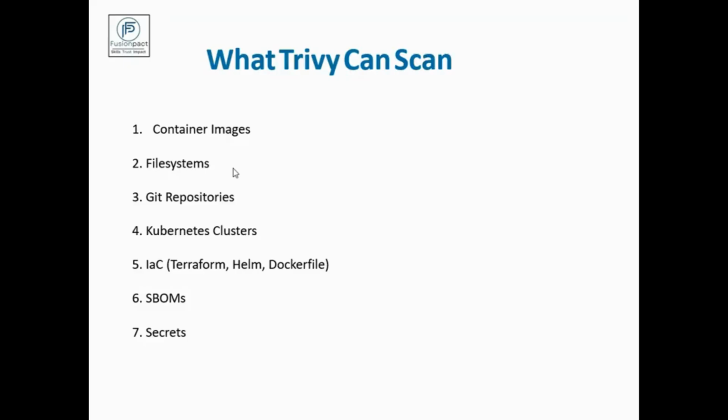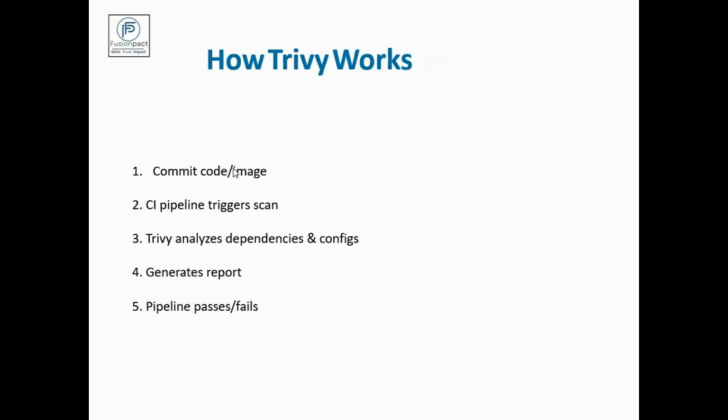And then it creates the bill of materials, showing what vulnerabilities are present, the CVEs, and it will send us a JSON object so that we can send it and review it from the security perspective. And also it will scan the secrets stored there.